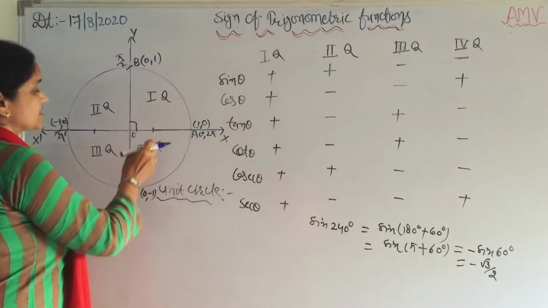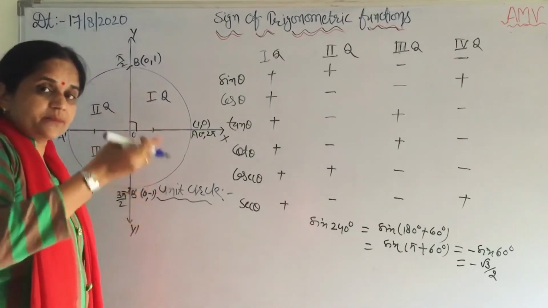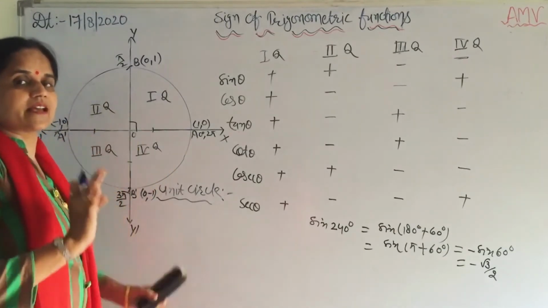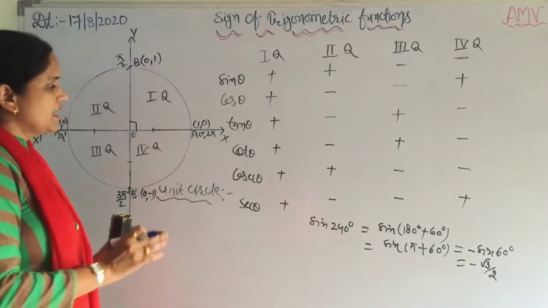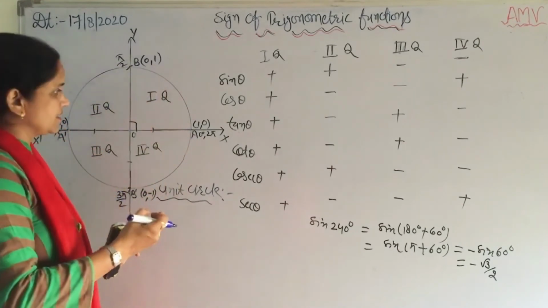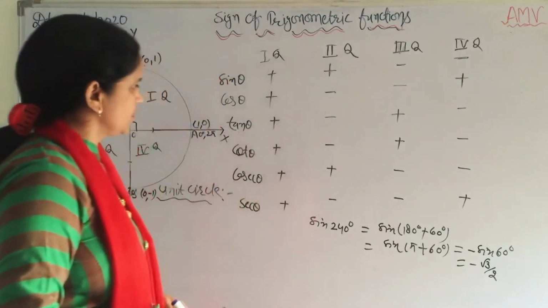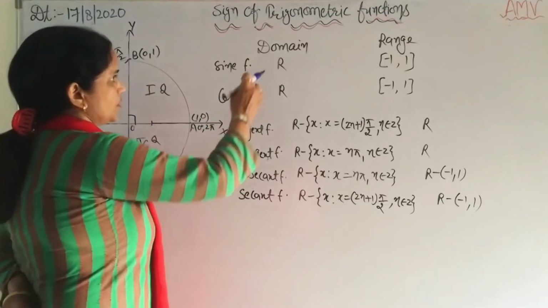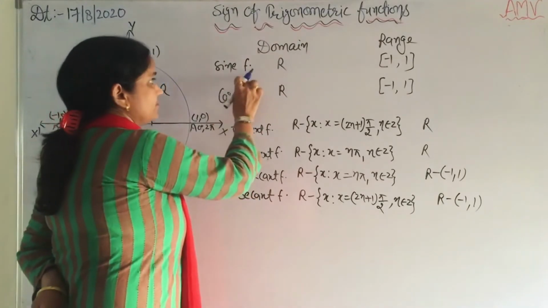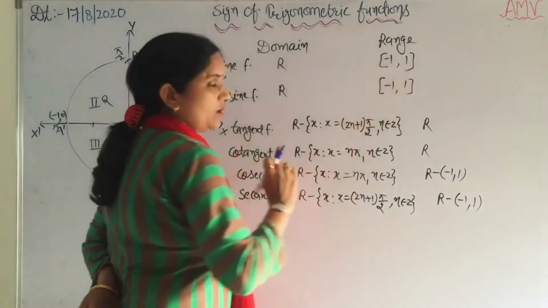Students, the values from 0 to 90 will repeat for other angles, only the sign will change, and after one complete revolution we take another revolution. So write in your notebook the domain and range of trigonometric functions. For the sine function, the domain is R and the range is -1 to 1.